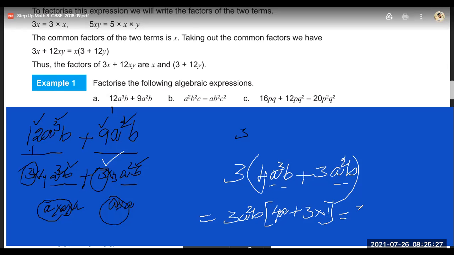Then after 3a square b, bracket 4a plus 3. So here the given expression is factorized by taking a common factor. What was the common factor? 3a square b is taken as a common factor, and 4a plus 3 is the other factor.